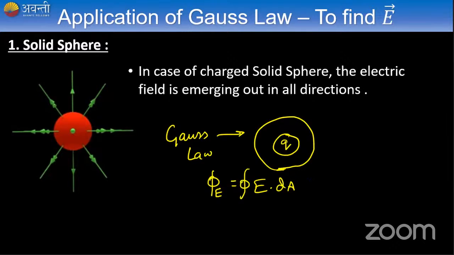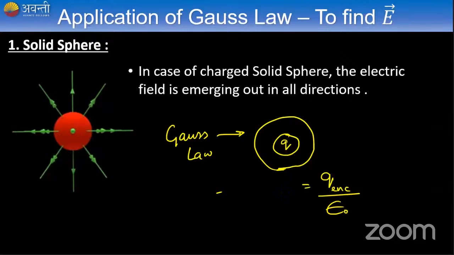If we calculate this, we end with a common formula: Q enclosed upon epsilon naught, or epsilon to be general. So my electric flux depends only on the charge enclosed inside a closed surface, and also on the material medium. We had seen this.